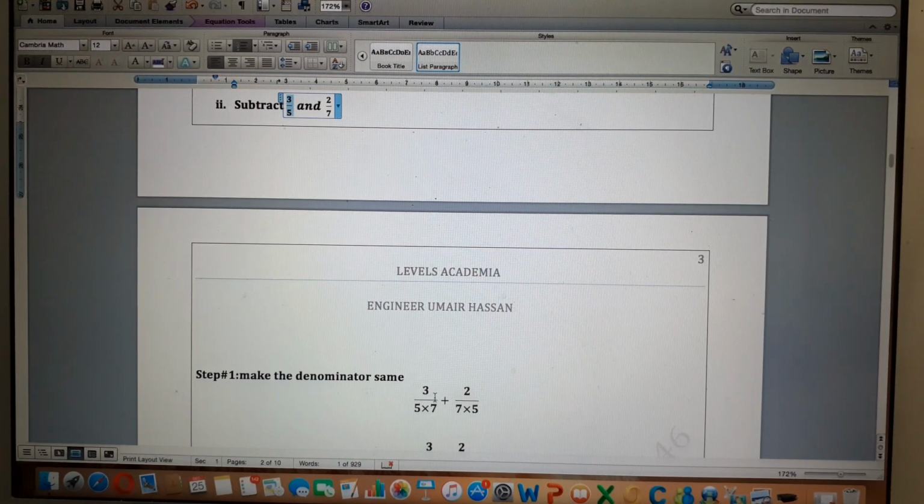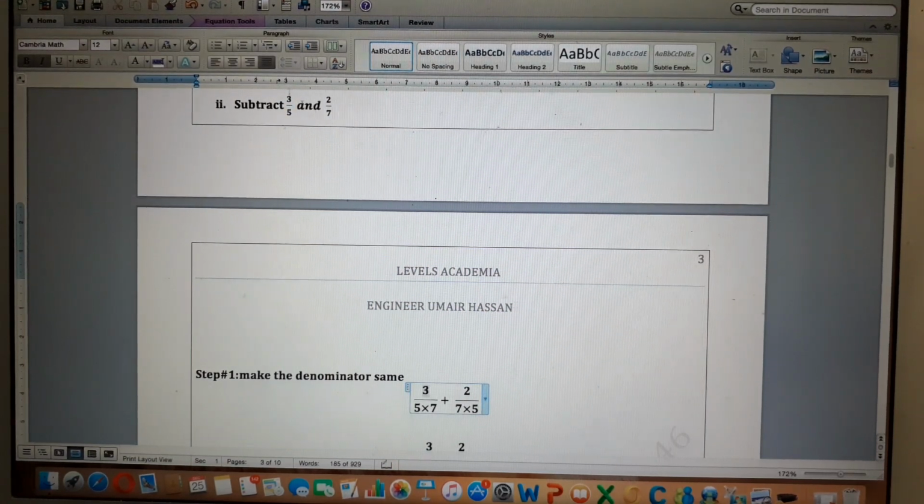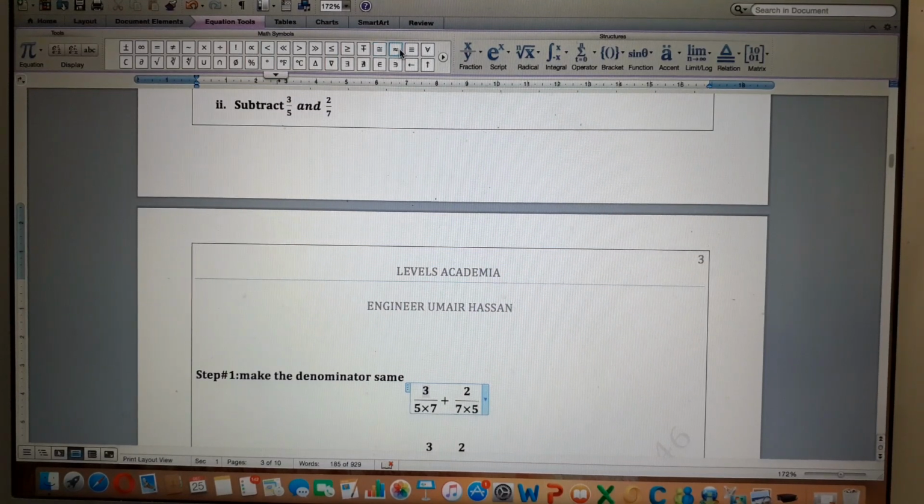I have multiplied 7 with 3 and with 5. You can write 7 over here, and because I am multiplying 5 in the numerator as well as in the denominator, you can write 5 over here. So 7 with numerator, 7 with denominator, 5 with numerator, 5 with denominator.